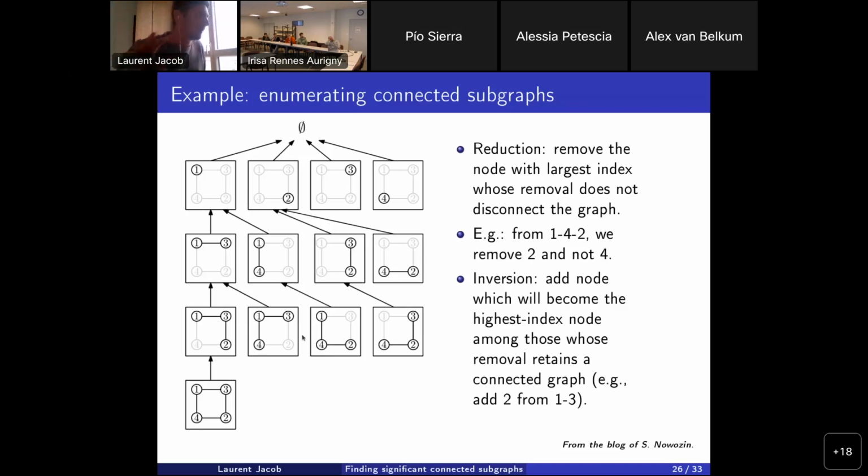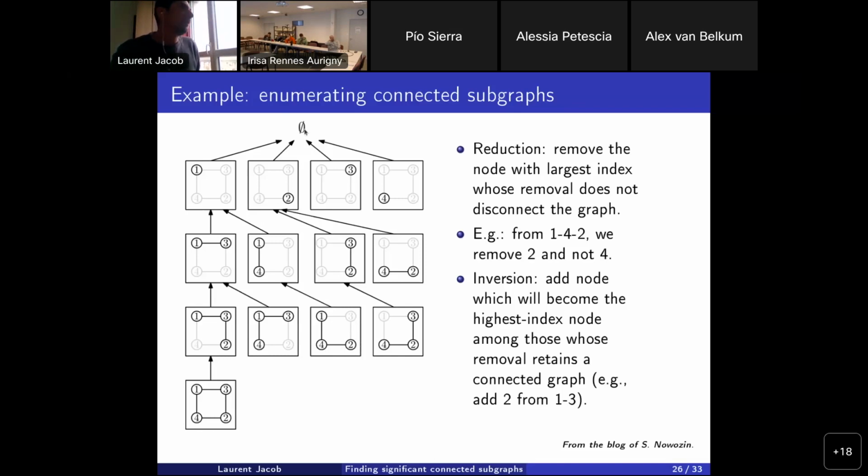You'd have 2 bits left. But you remove 2, which is the largest you can remove without disconnecting the graph. And it gives you 1, 4. Okay. And so you see that this is defining, in this small example, we can picture it, a tree over the possible connected subgraphs, sorry.